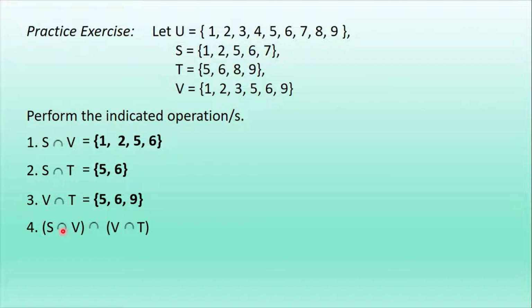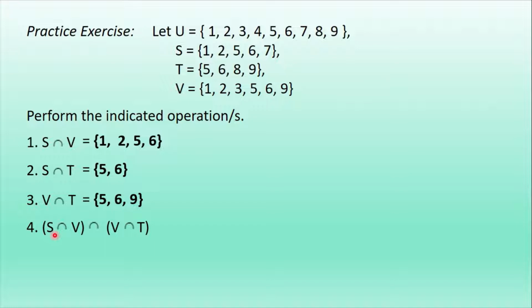Next, how about this kind of problem? Just like performing arithmetic with groupings, the PEMDAS, we just have to simplify or perform first what is inside the parentheses before going to the other operation.